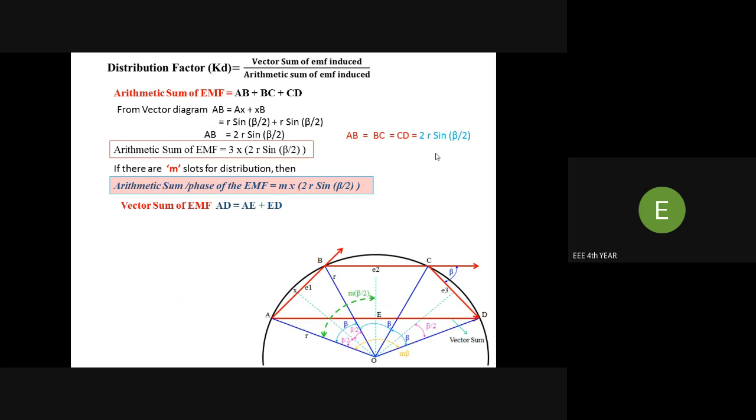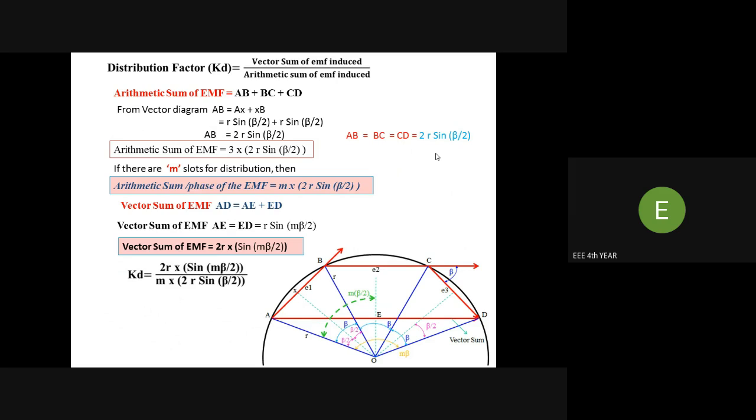Next, the vector sum of induced EMF AD equals AE plus ED. We can substitute AE equals ED equals R sin m beta by 2. So finally, the vector sum of induced EMF equals 2R sin m beta by 2.